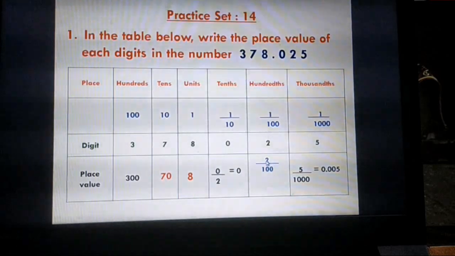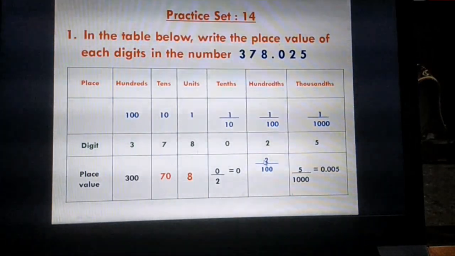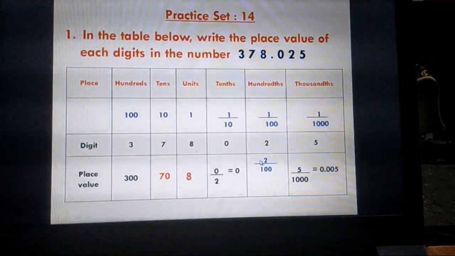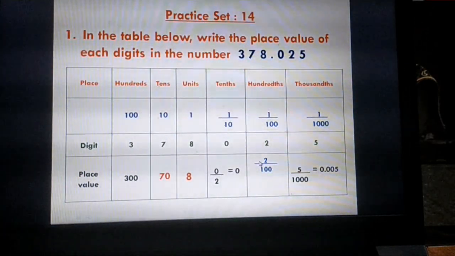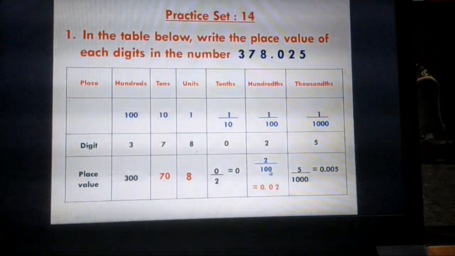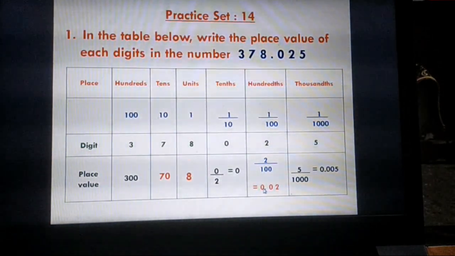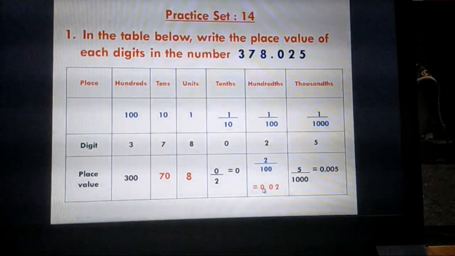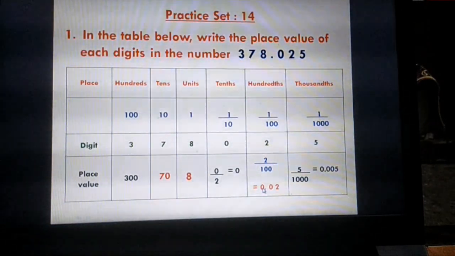Here we have only 1 digit. So how to make it 2 digits? By adding 1 more 0. And then we will put the decimal. Correct? So how will we write? 0.02. Why are we adding this 0? Because we don't have any value for the unit. That's why we put 0 there. Clear?